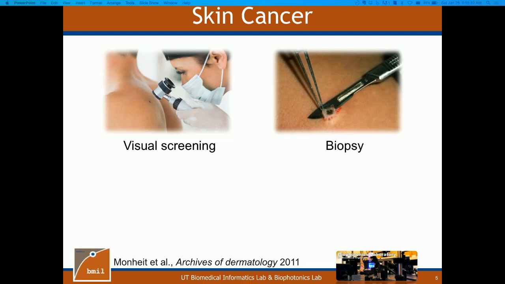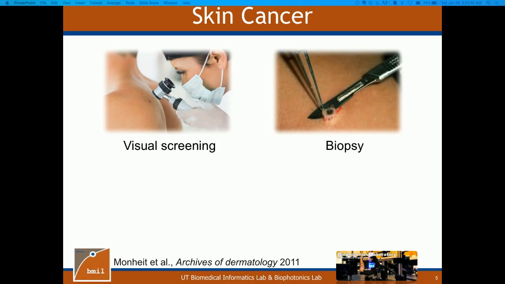Last year, there were more than 5 million skin cancers diagnosed, leading to more than 10 thousand deaths. The key to saving these lives is early detection. As you all know, if skin cancer can be found early, it can be surgically removed easily.